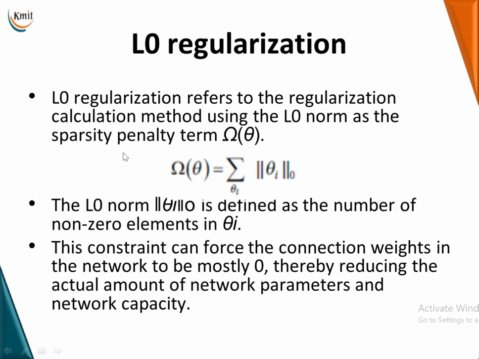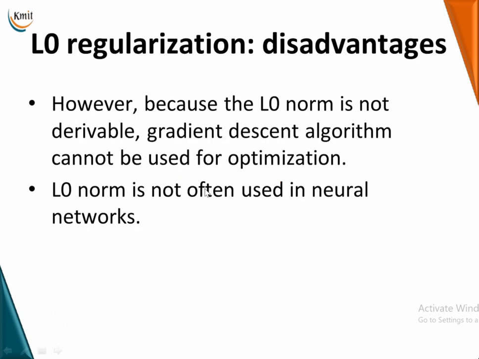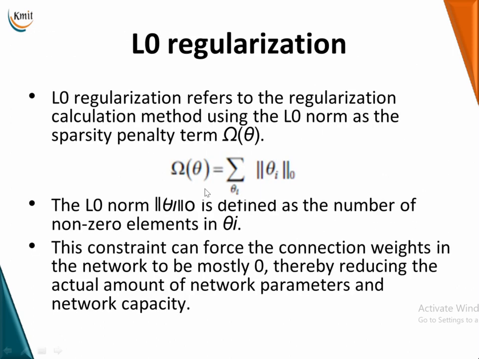So if I talk about L0 regularization, based on the order of omega of theta, the sparsity constraint function, you have got different types of regularization. The first one, L0 regularization, refers to the regularization calculation method by simply using the L0 norm as per the mathematical equation shown on your screen.